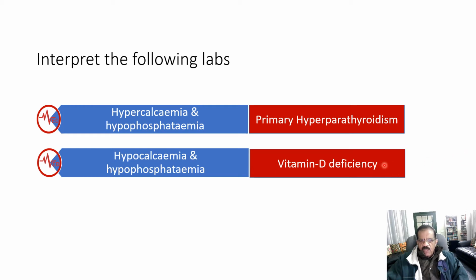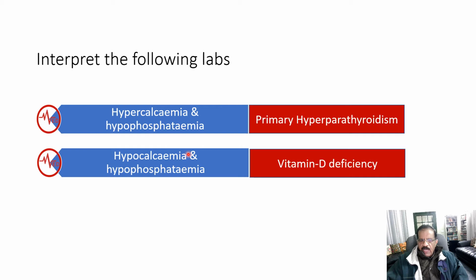In vitamin D deficiency, calcium and phosphate both are low, but because of low calcium, there is secondary hyperparathyroidism. Now, this secondary compensatory hyperparathyroidism tries to elevate calcium to make it normal.